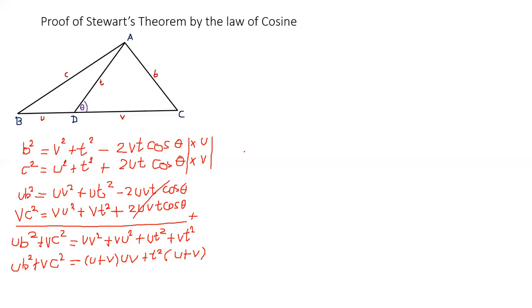So it means U B squared plus phi C squared equals U phi times U plus phi, where U plus phi is this one, BC.